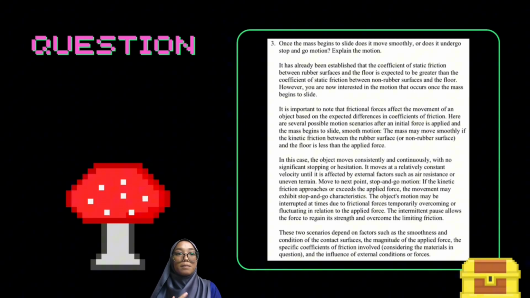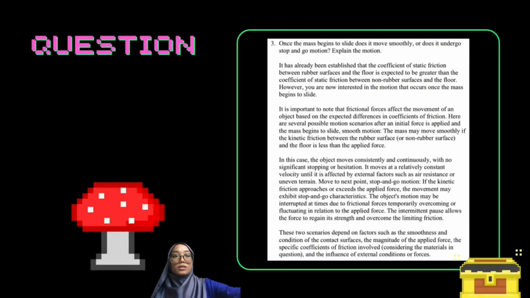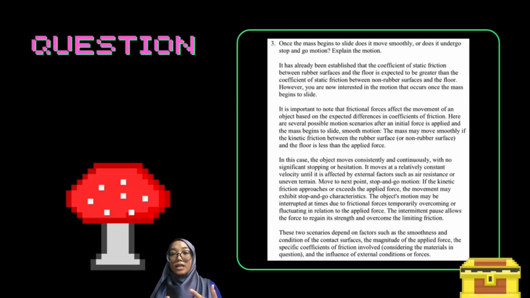Smooth motion: the mass may move smoothly if the kinetic friction between the rubber surface and the floor is less than the applied force. In this case, the object moves consistently and continuously with no significant stopping or hesitation. It moves at a relatively constant velocity until it is affected by external factors such as air resistance or uneven terrain.